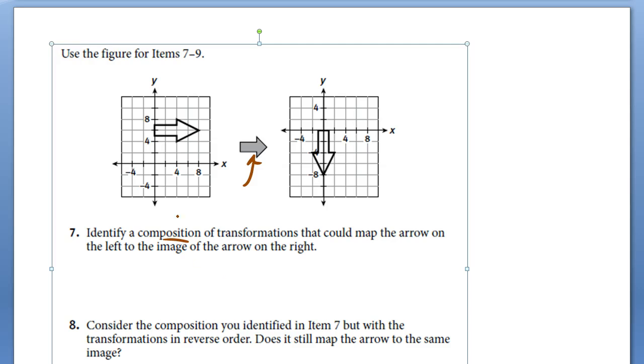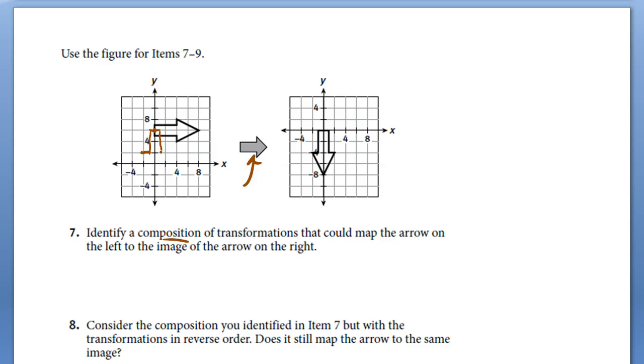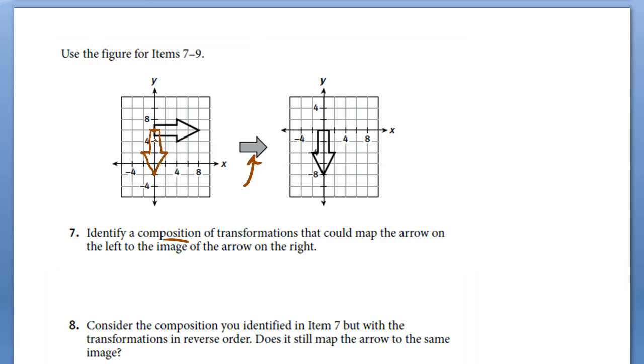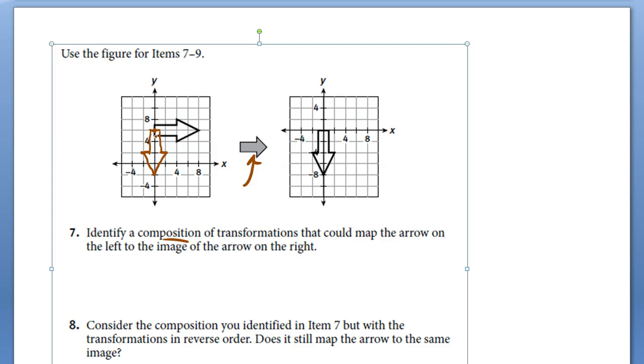Well, one possibility is to rotate that so that instead of pointing to the right, it points down. If we could get it to rotate around that point right there, we could make it look like this. Once you have it pointing the correct direction, couldn't we then slide it downwards however far we need to?